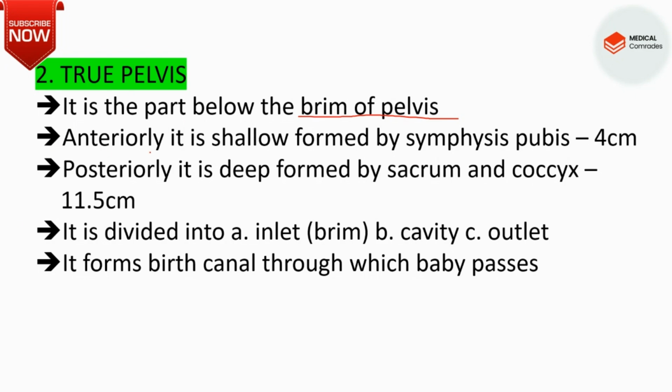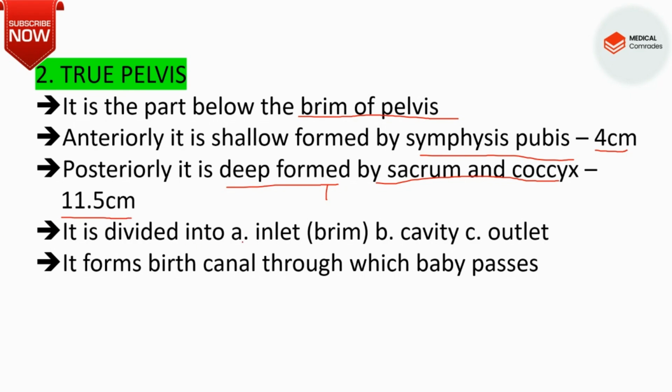Anteriorly it is shallow, formed by the symphysis pubis, which is normally 4 cm, and posteriorly it is deep, formed by sacrum and coccyx, which is 11 cm.